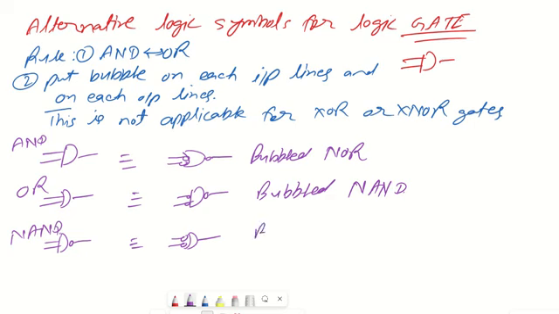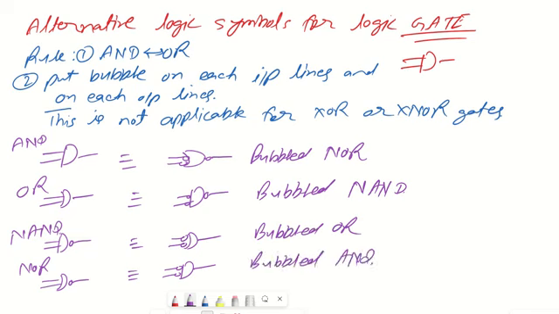So this is going to be a bubbled-input OR gate. Similar to that, we have NOR also, one more. This is going to be equivalent to the AND shape with no bubble at the output, and the inputs will be bubbled. So it will be a bubbled-input AND gate. Got it?